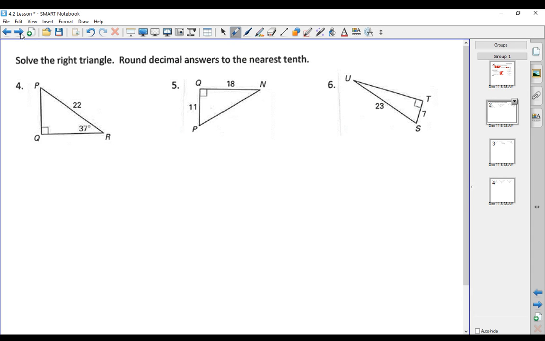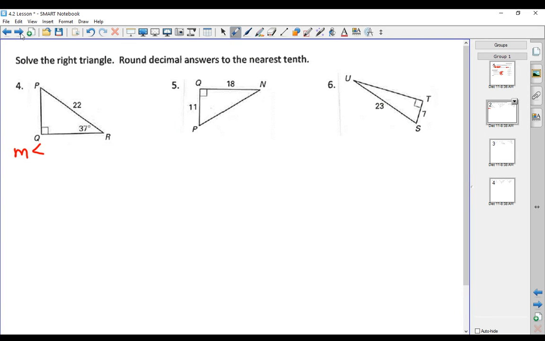On number 4 here, we see that we are given one of the acute angles and the hypotenuse of this right triangle. Now, when we want to solve the right triangle, we want to find all 6 pieces of the triangle. So what I'm going to do is list all 6 pieces and write down what I already know.